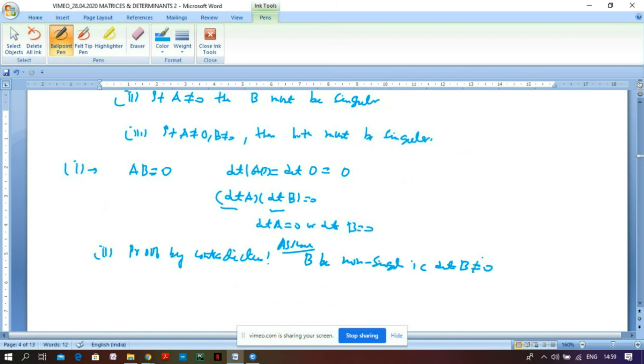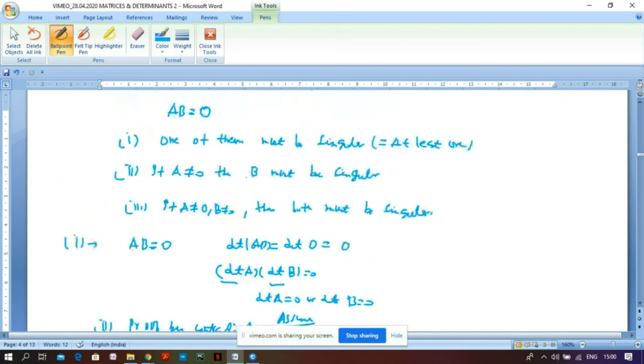We have to prove it is singular actually. You assume B is not singular. So det B is not 0. That means that B is invertible. So B has an inverse, called, say, B inverse.